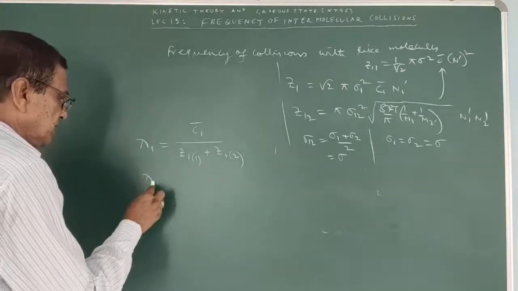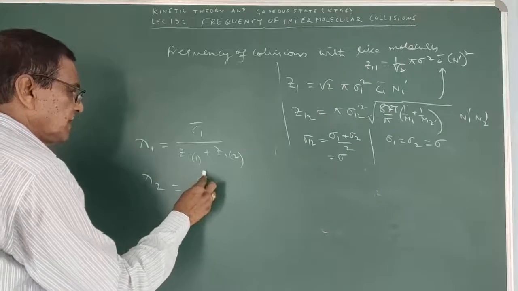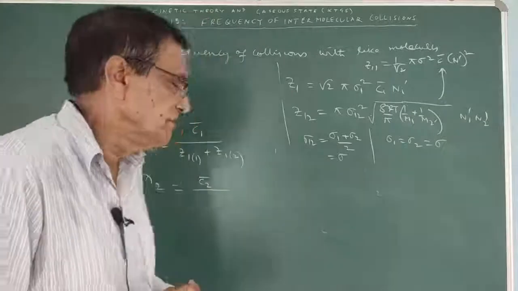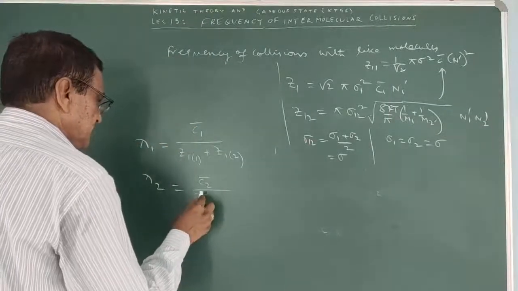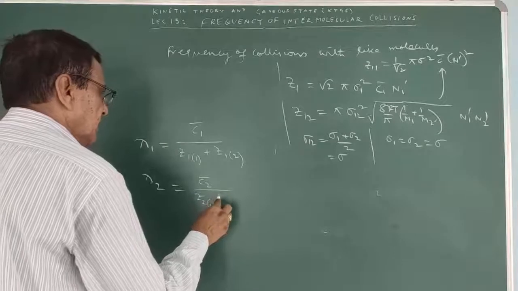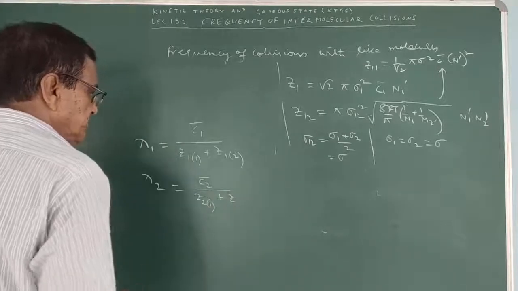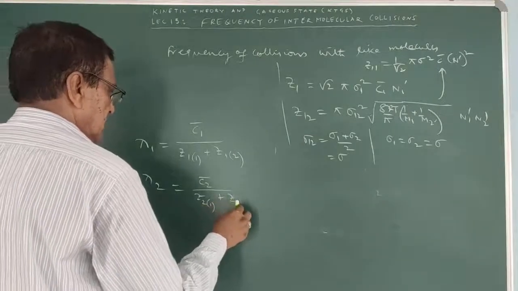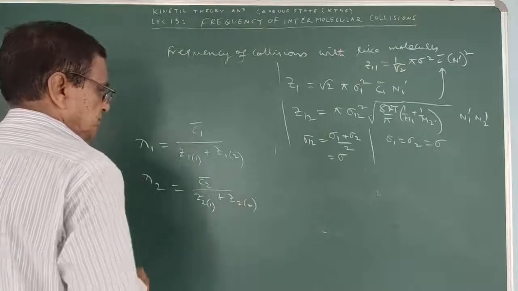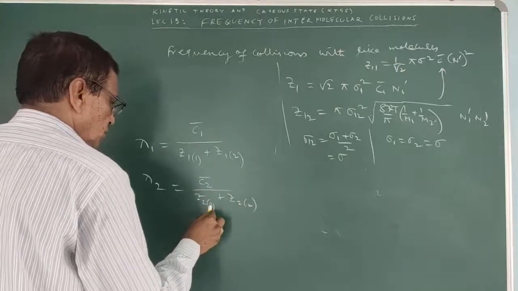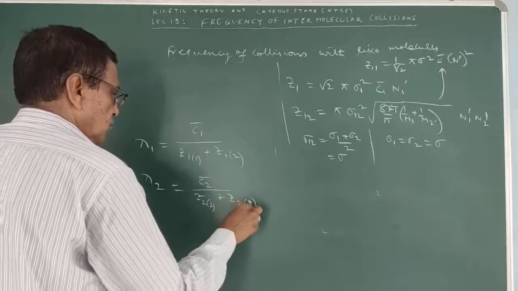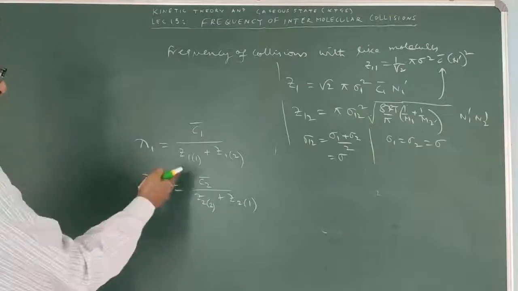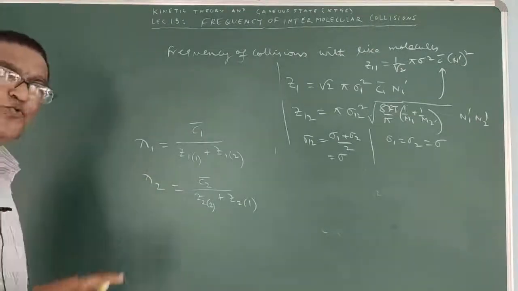If you try to calculate lambda 2, then it is C2 bar, the average distance traveled by the second type molecules in unit time, divided by Z22 plus Z21. So you can put in these values and get lambda 1 and lambda 2.